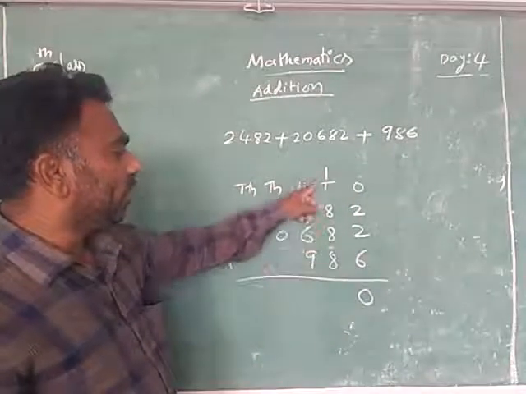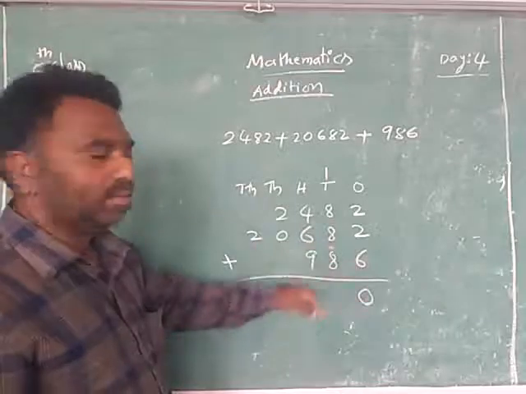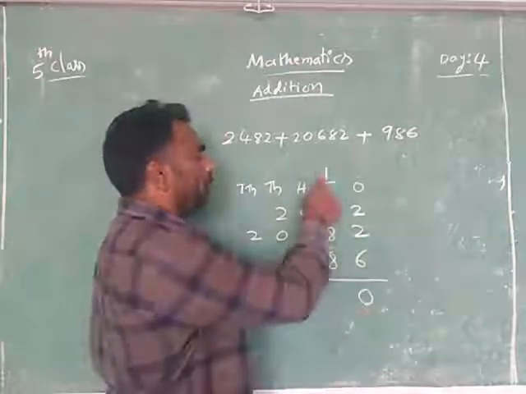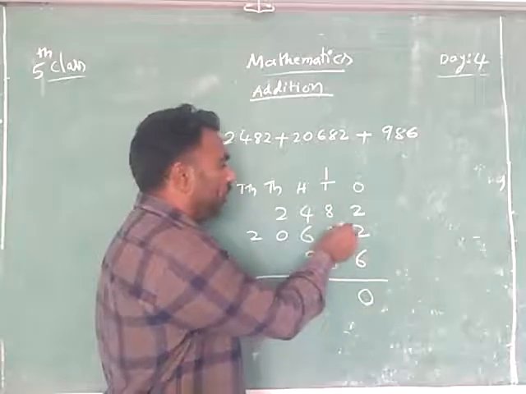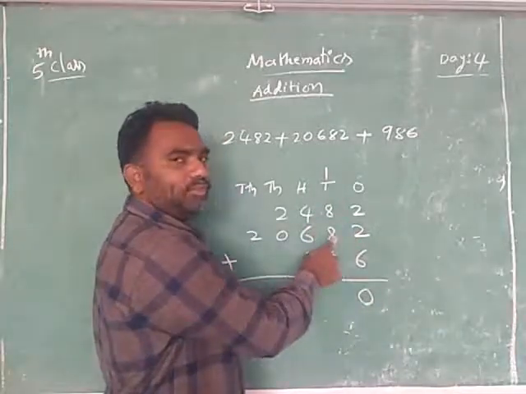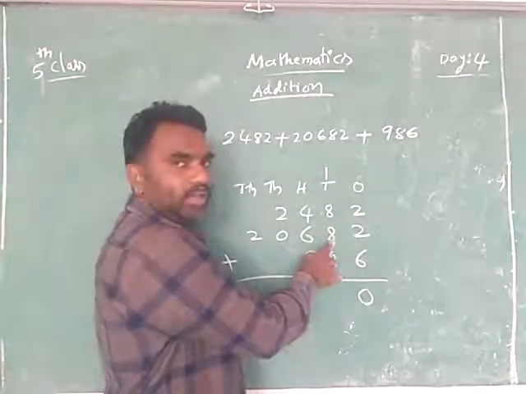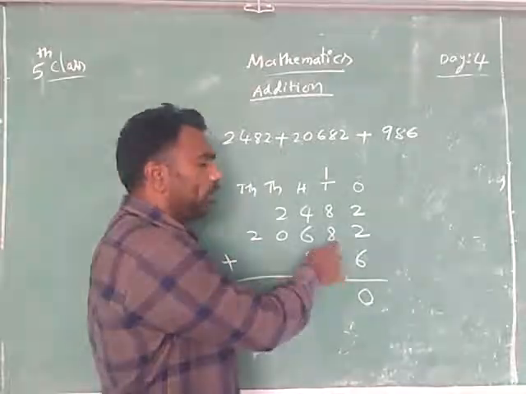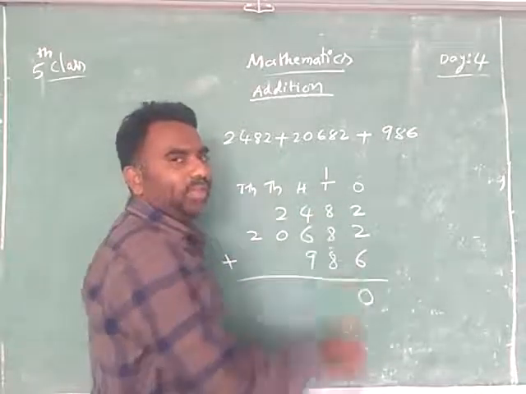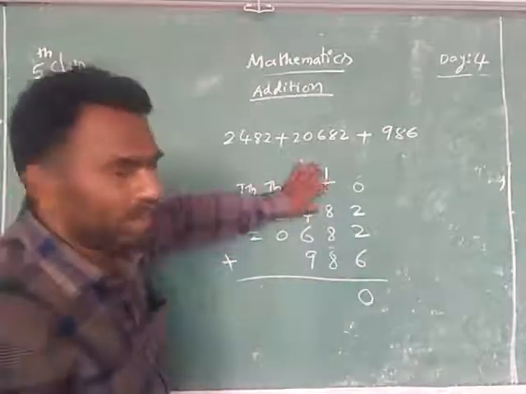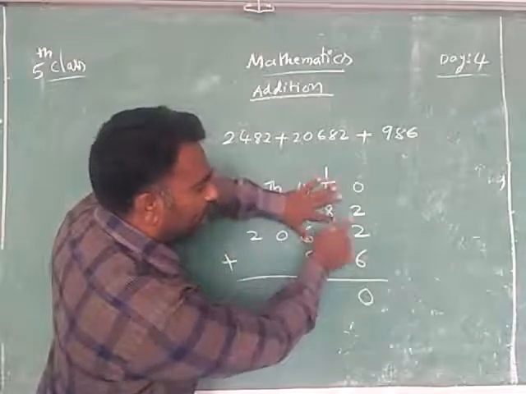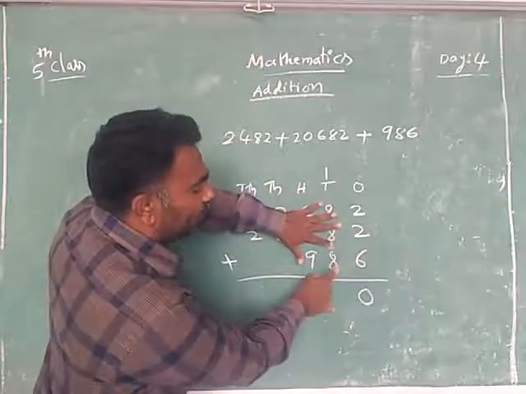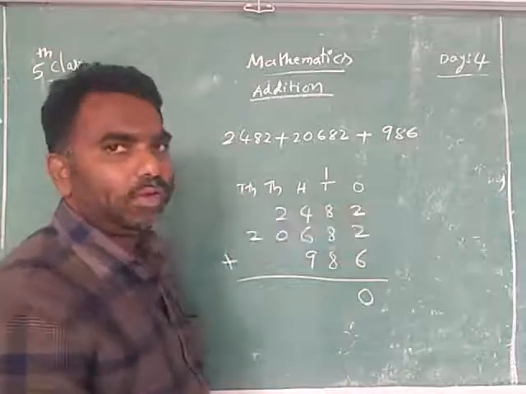1 and 8, 9, 9 plus 8, 17, 17 plus 8, 25. 1 plus 8, 9. We have taken 1, 10, 7 left, 10 and 7, 17. For 17 I have taken 3 again, it becomes 20, 5 left here, 25.